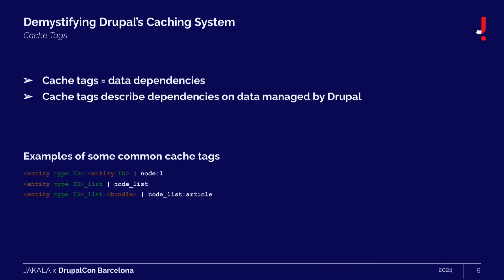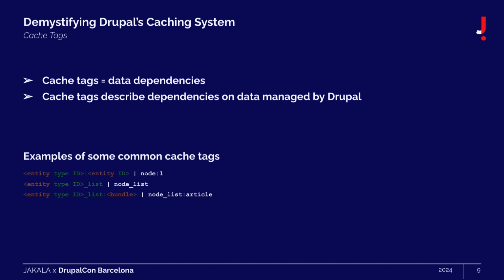For example, node:1. If data depends on the cache tag node:1, and I'm an editor and I update or delete node 1, then every piece of data that depends on node 1 will be invalidated. That means rows in cache tables that have the cache tag node:1 will be deleted, basically.